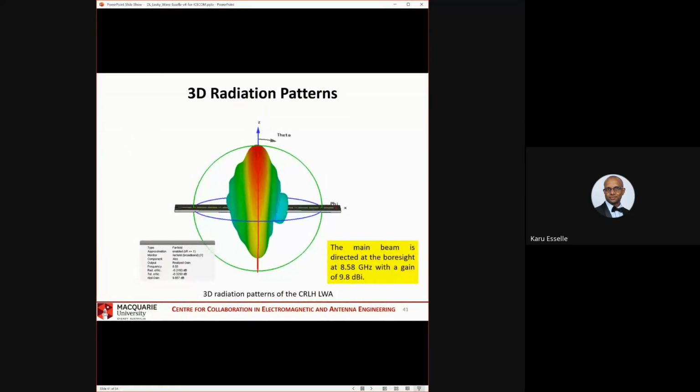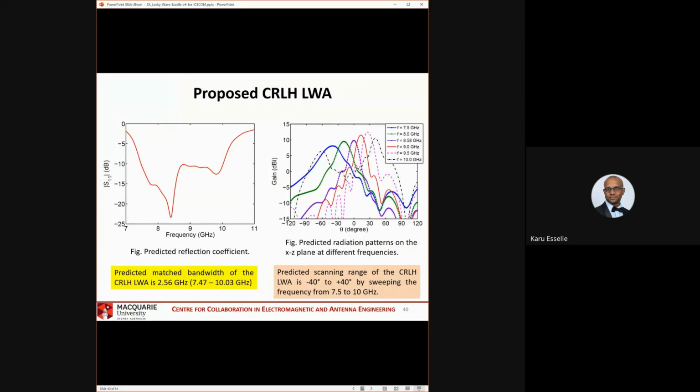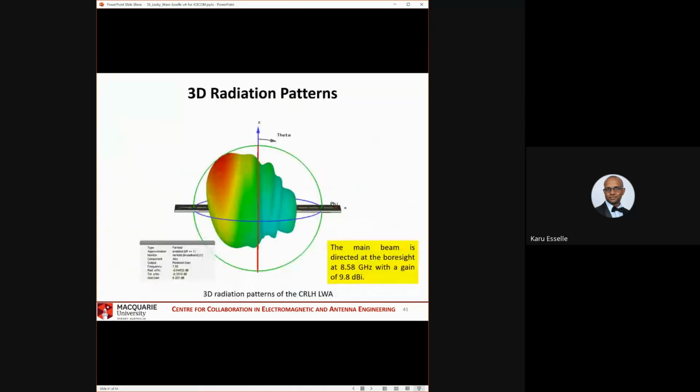So from negative theta with change of frequency to positive theta, starting from minus 40 degrees, going to plus 40 through broadside. That is important.